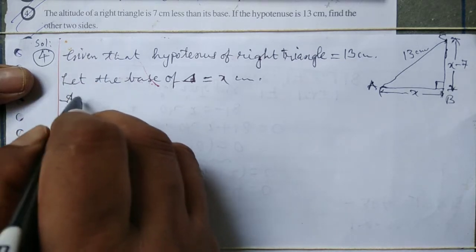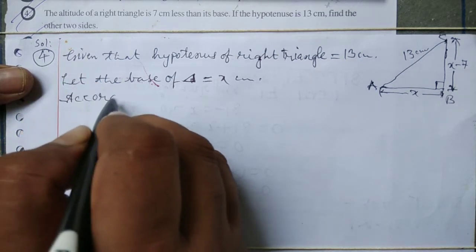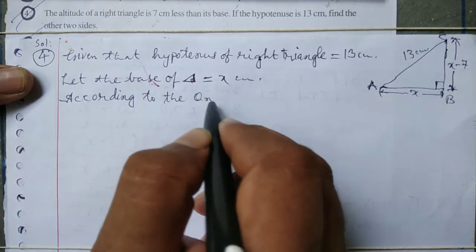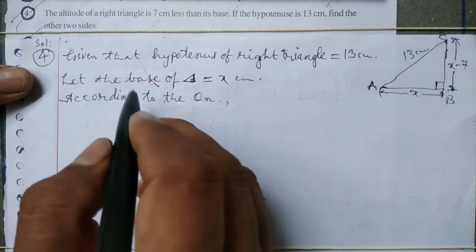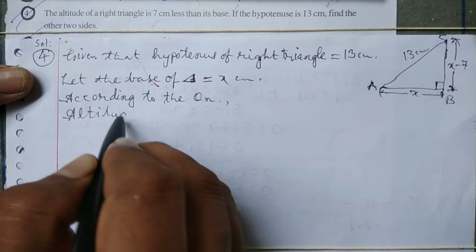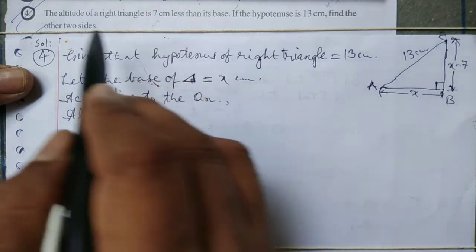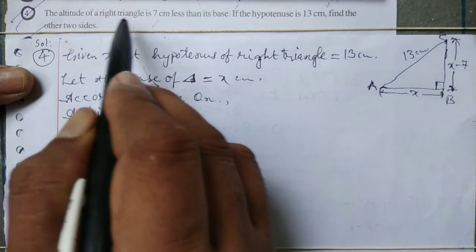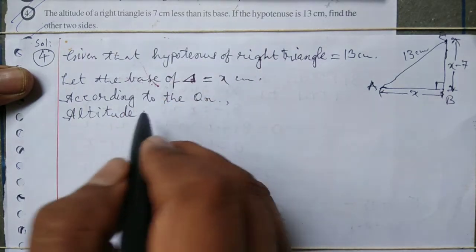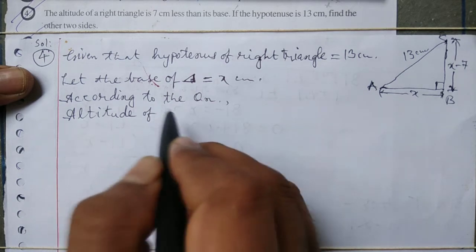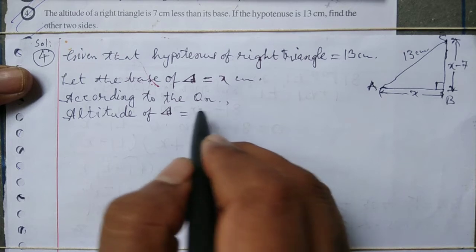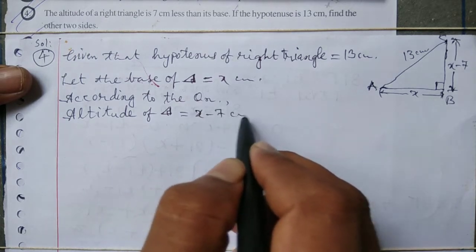According to the question, the altitude of a right angle triangle is 7 centimeters less than its base. So the altitude of the right triangle is equal to x minus 7 centimeters.